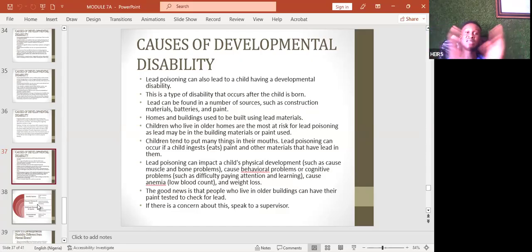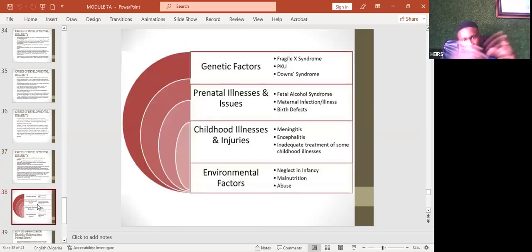It is a dangerous thing for a child to be exposed to lead poisoning. So we are careful about using materials that have lead in our home when we have a child who is just developing. But in the case where we can't really help it, we are to monitor the child carefully so as not to ingest any material that contains lead. If there's a concern about this, please speak to your supervisor.